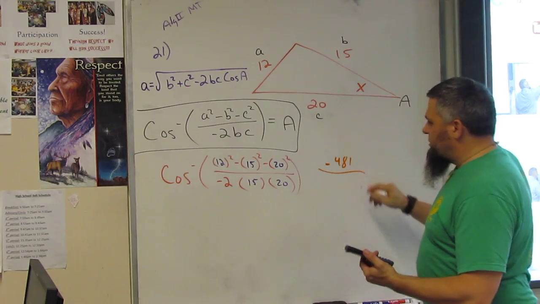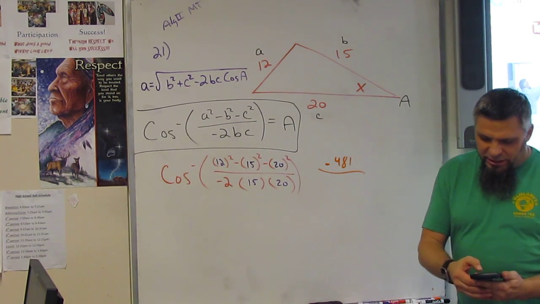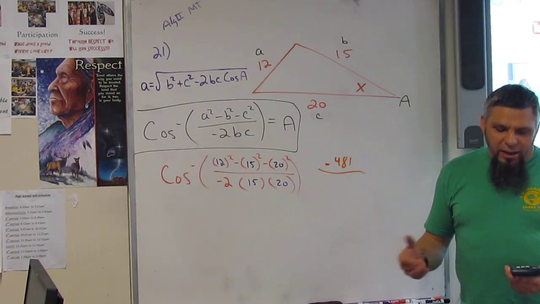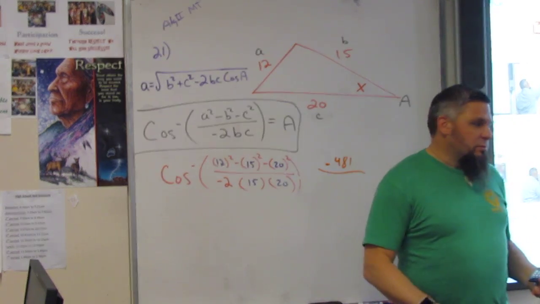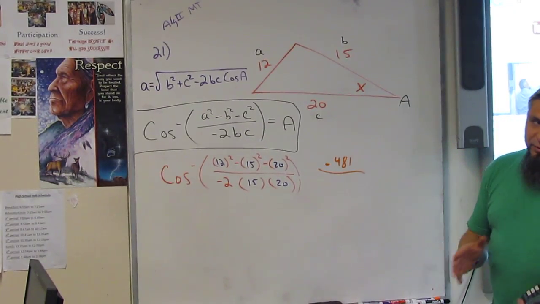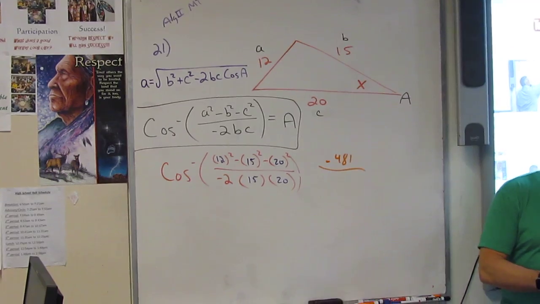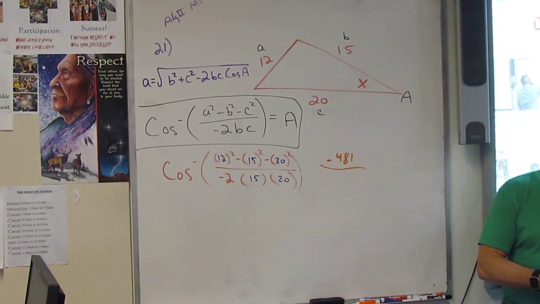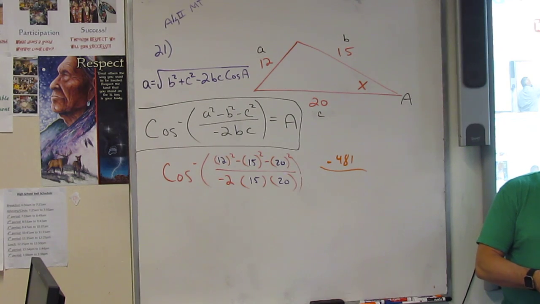Now what I can do is go, okay, divided by. But when I do this, I need to put parentheses here. Right? That's the whole key there. I need to go parentheses, negative 2 times 15 times 20, close parentheses, and then equals.